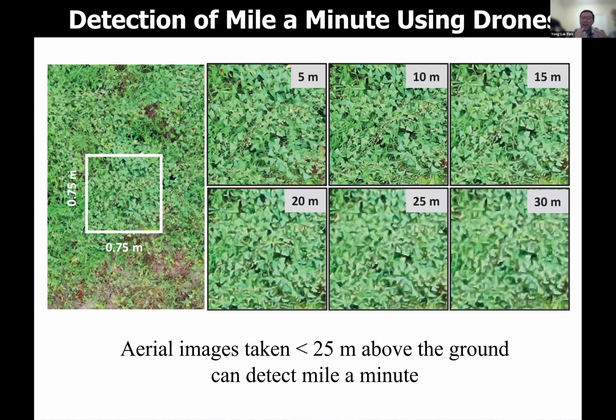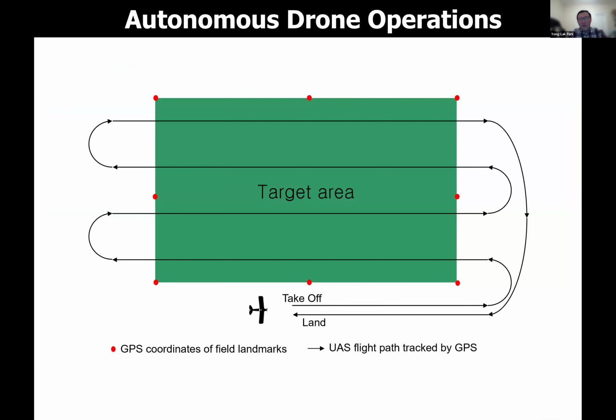But what if the area is 1,000 hectares, or the size of one big city? That's the kind of problem, because we don't know where the invasive plants are, so we have to survey it. How we survey is we use a drone, either fixed wing or rotary wing, depending on the size of the area and the mission.